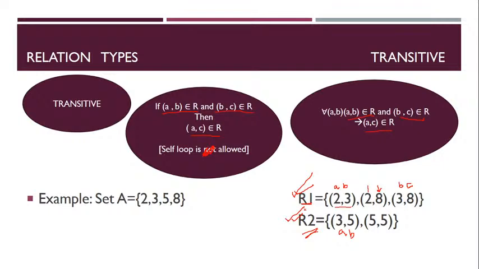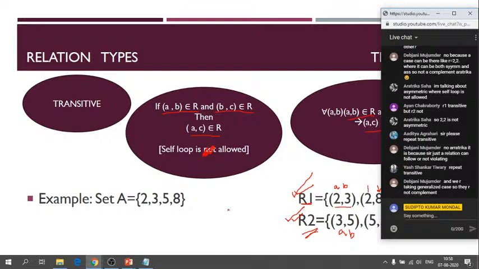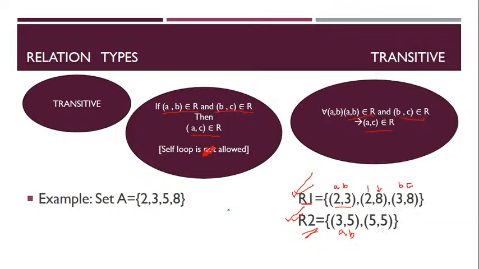Fine. So far we have seen different types of relation. Let us repeat transitive. The transitive property says, if in your relation AB is there and BC is there, then you can expect that AC must be there in your relation.